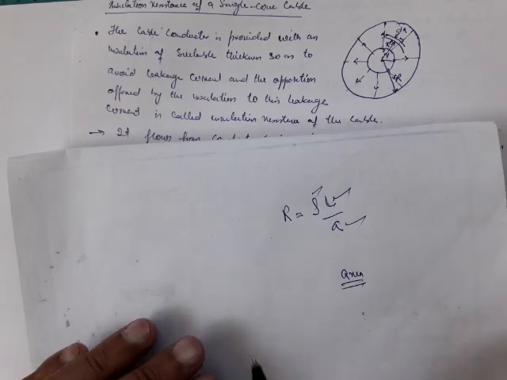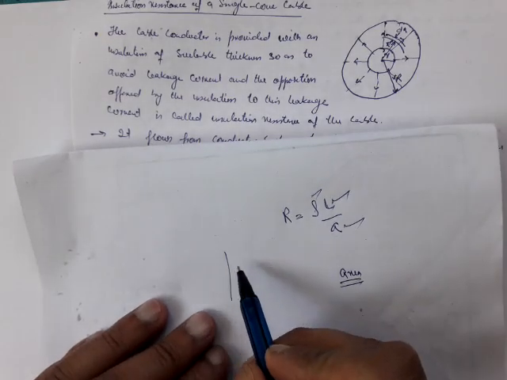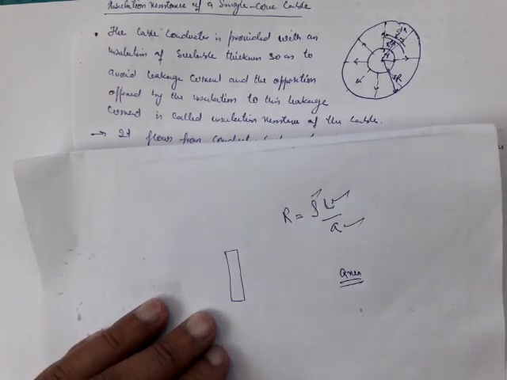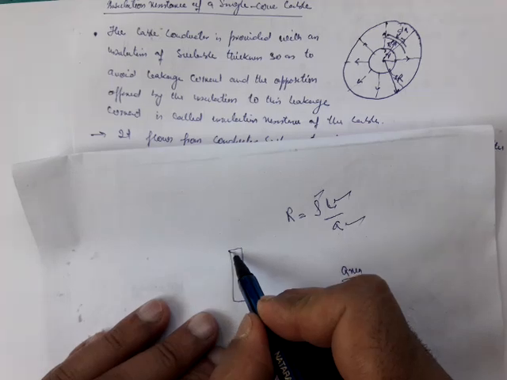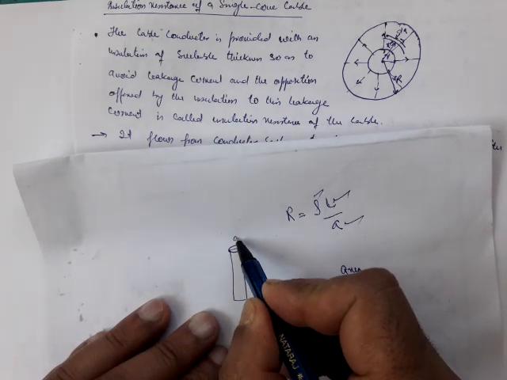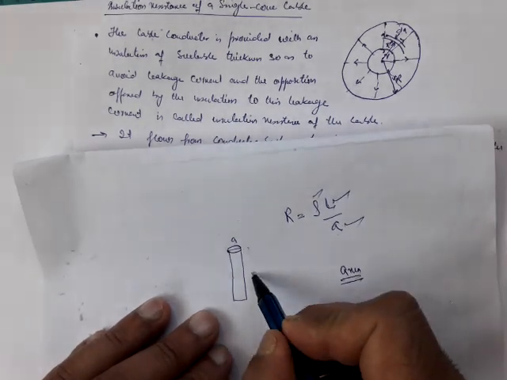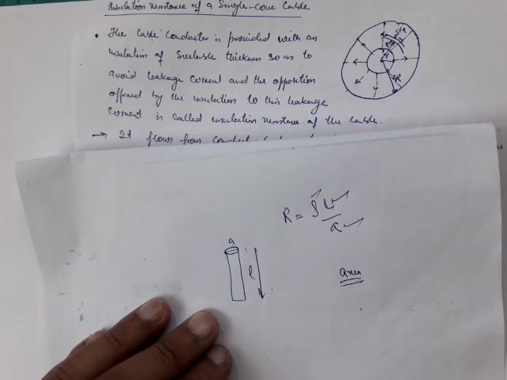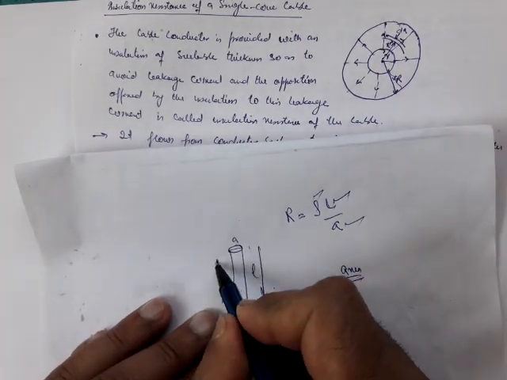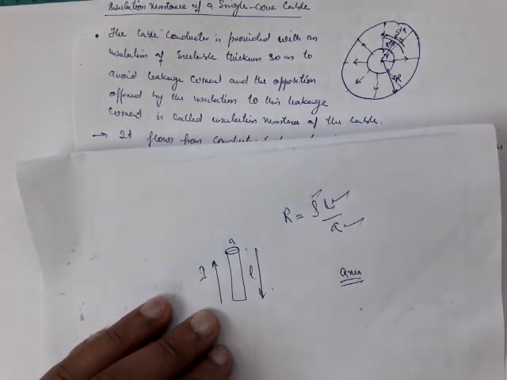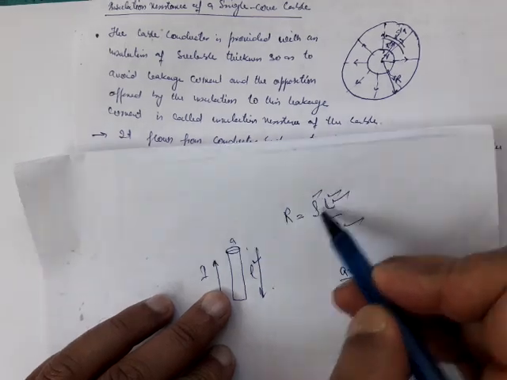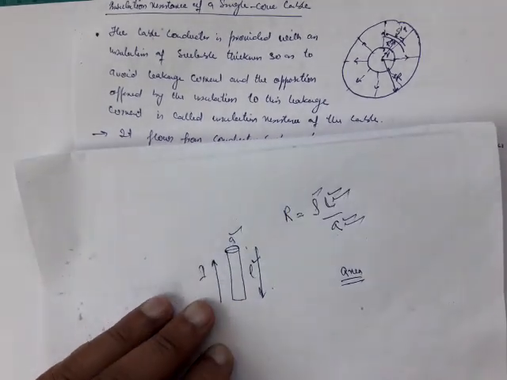This is very important. For example, if we have this conductor and we know that its cross-section area is A, and its length is L, and the direction of current is I, in that case this length is the same as this L and this area is the same as this A.